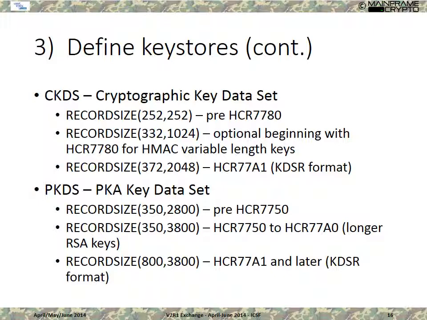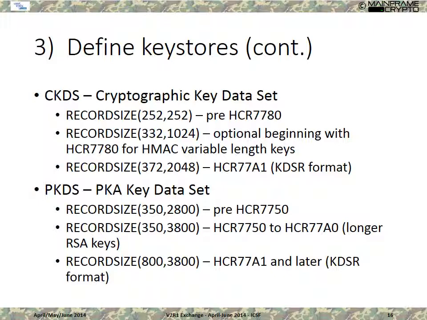And if you're running either an old fixed length or the 332 by 1024, you're not going to be able to update that date last used and time last used field. So if you want full capability, you are going to need to migrate the CKDS to this 372 by 2048. But as I mentioned before, ICSF is very upwards and downwards compatible. It can still run with those older key stores.